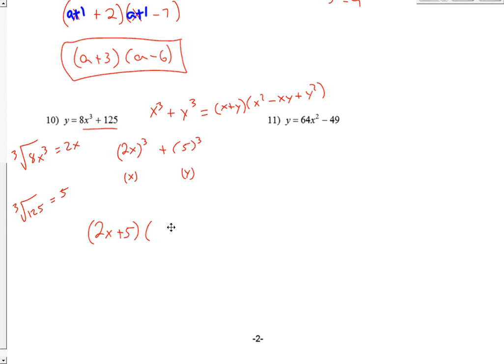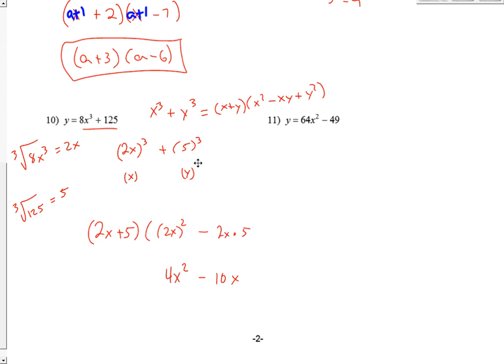And then for x squared, I'm taking the 2x as a whole and squaring it, which is eventually going to give me 4x squared. Then I take the two values and multiply them together. 2x times 5 is 10x, so minus 10x.